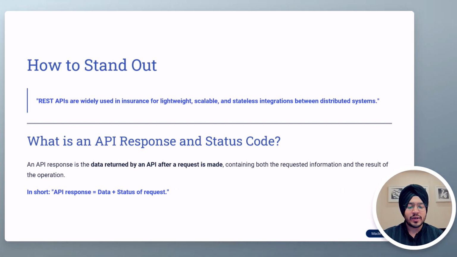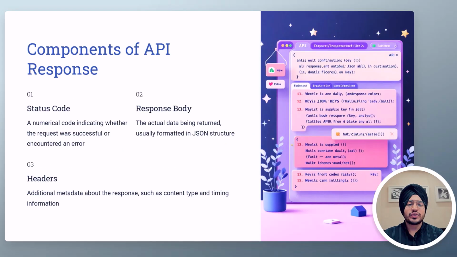What is an API response and status code? API response is the data returned by an API after the request is made, containing both the requested information and the result of the operation. Status code shows the operation that has been performed from the server end. So, the components of an API response.